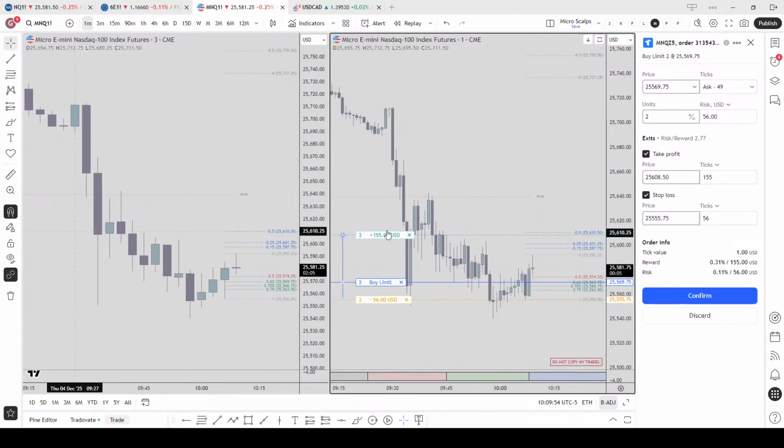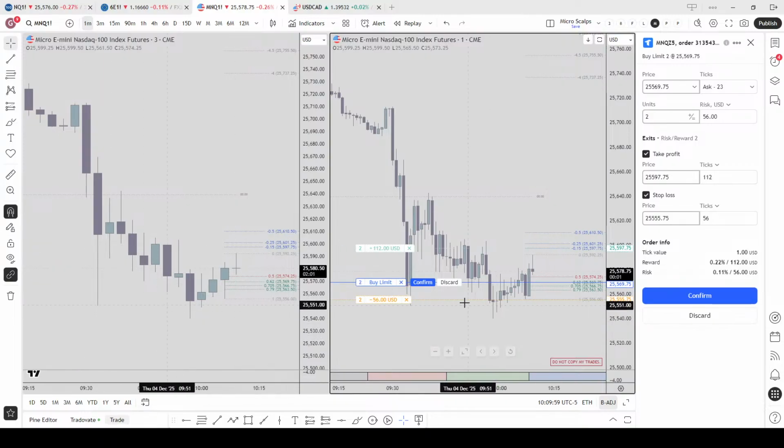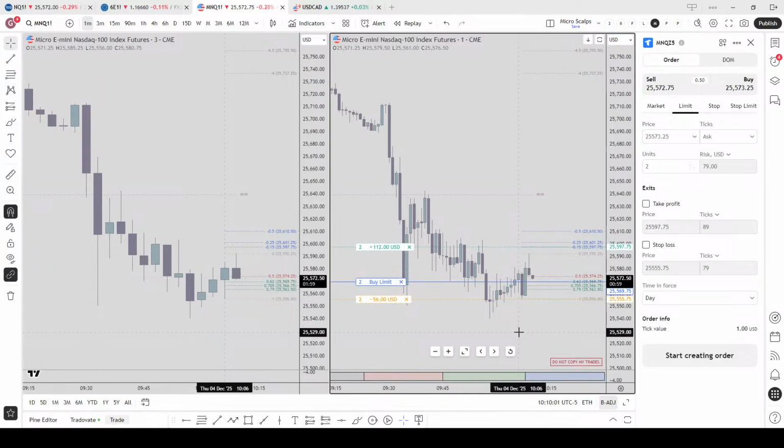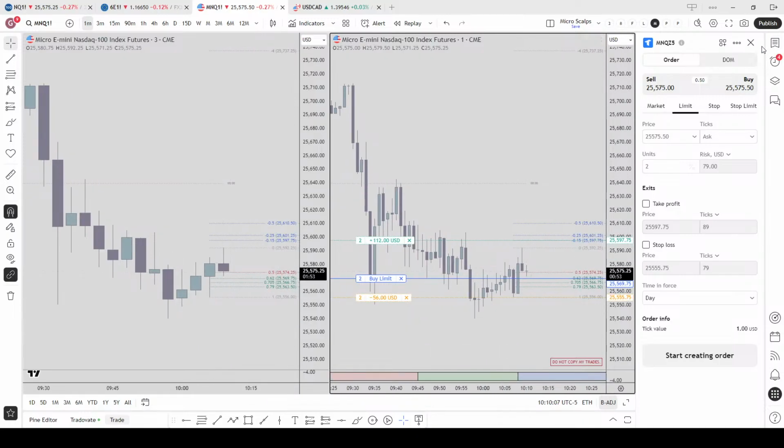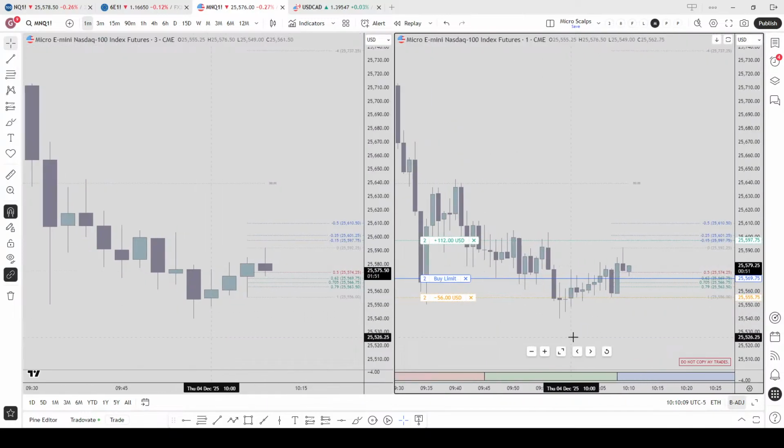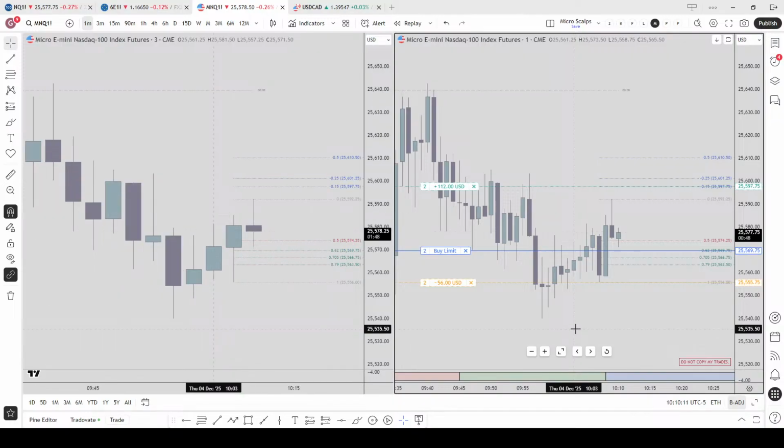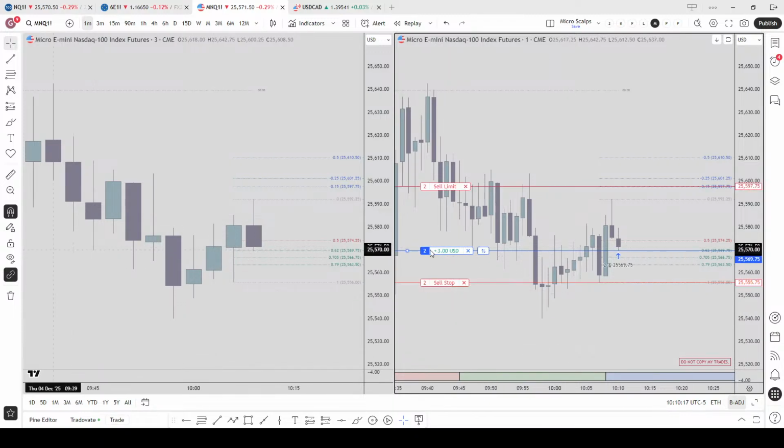So I'm just going to stick to the micros. I should be risking $100, but because of the speed in which I need to key in and stuff like that, I think it's better for me to stay at 2, just so that I can manage the risk better.